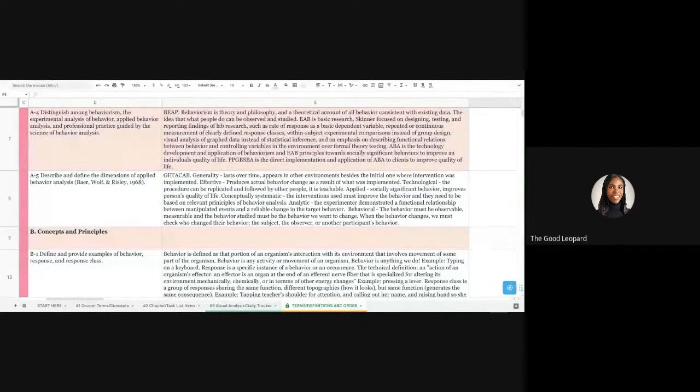All right. Analytic. The experimenter demonstrated a functional relationship between manipulated events and a reliable change in the target behavior. So, analytic, functional relationship. You want to see that there was a manipulation in the environment, from the therapist or whatever was changed.